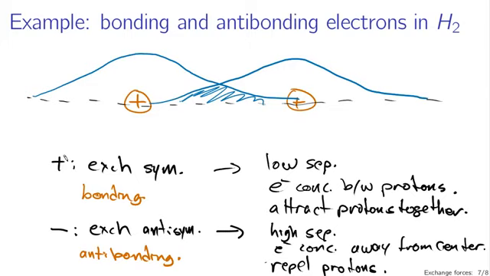That's not possible unless we include spin, because electrons are fermions, and the overall fermion wave function has to be exchange antisymmetric, which means if the spatial part of the wave function is going to be exchange symmetric, the spin part of the wave function has to be exchange antisymmetric. So there is a connection between the spin of these particles and whether or not you can make bonds with them in a two-particle case.